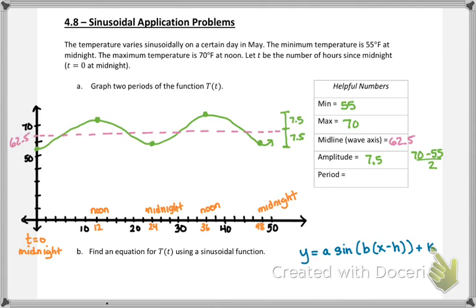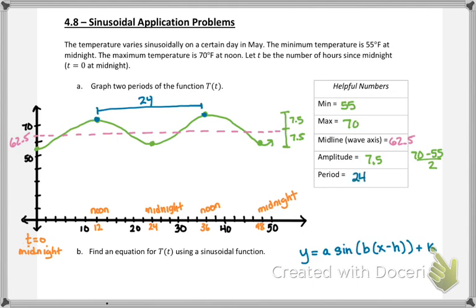Okay. And then finally, my period. Remember, one period is where I can draw one full cycle, right? So it's really just the distance between the two high points or the distance between the two low points. Right here at noon, I know it's at 70 degrees. The next time that it hits this exact same point is noon the next day, so after a span of 24 hours.